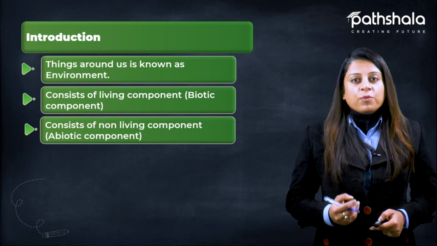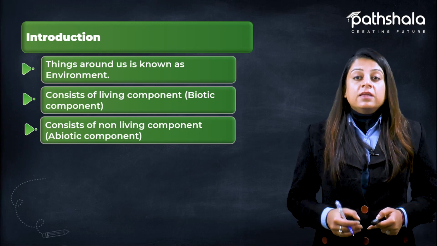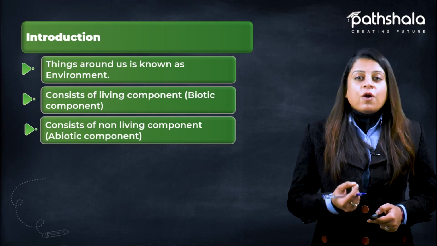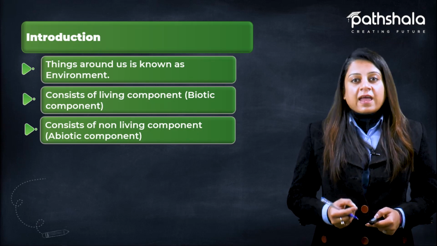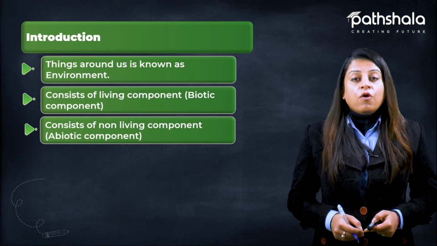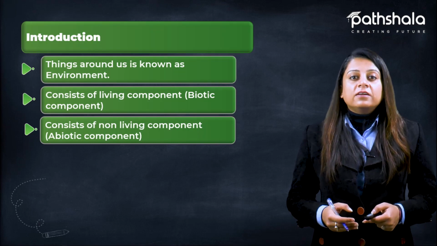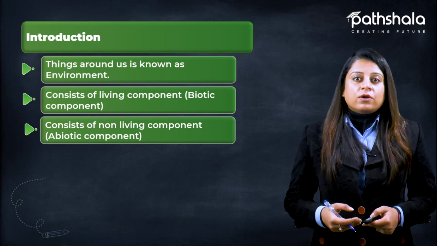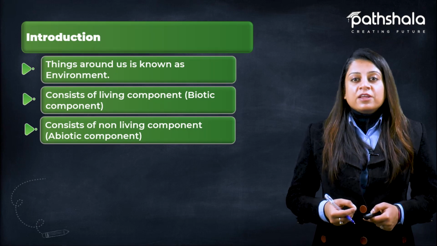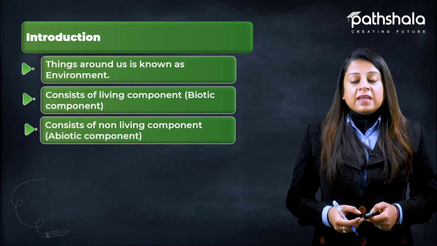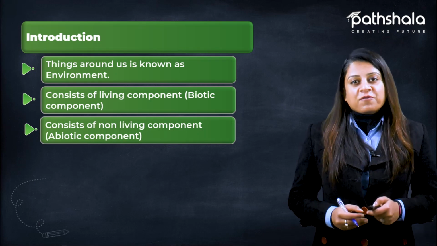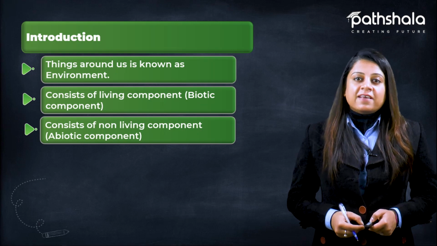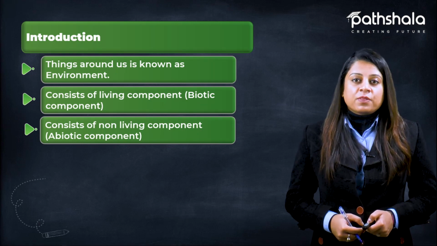One is the living component that is formed by plants, animals and microbes. These living components are also termed as biotic components. On the other hand, there are other components like soil, air and water that also play an important role in maintaining the stability of this environment, and these non-living components are termed as abiotic components.